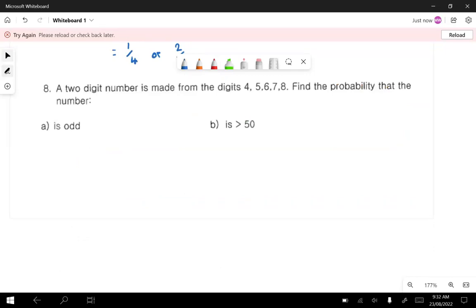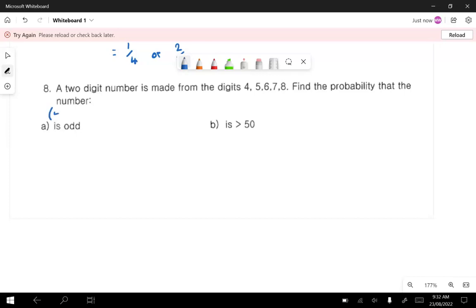Let's start question 8. There are 5 numbers here, and they're telling me that I can use these numbers to make 2-digit numbers. And then it wants me to find probabilities of what the outcomes will be. There's a couple of ways of doing this, but a nice simple way is to create a sample space. Let's have a look at all the possible outcomes that we could make.